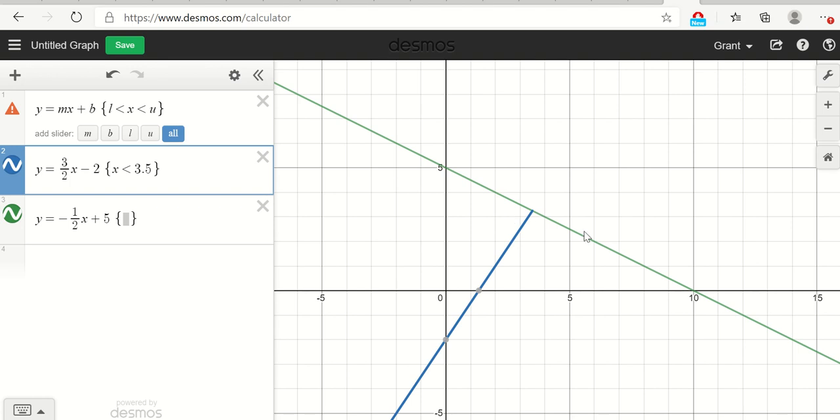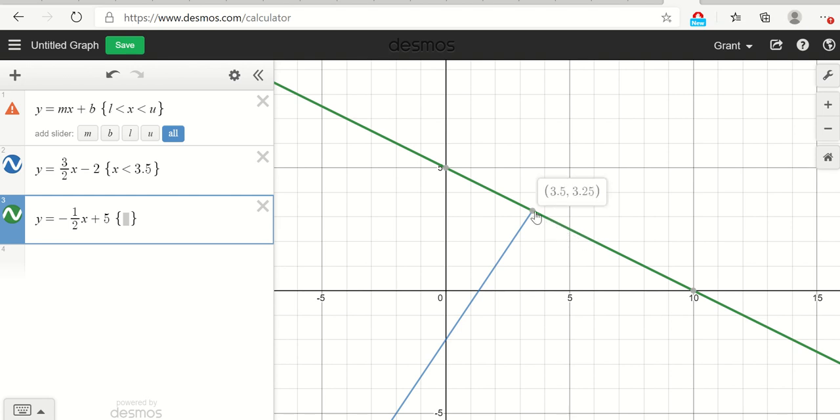But let's also say that I'm following my green line up and to the left, and I want to stop my green line where it intersects with my blue line.